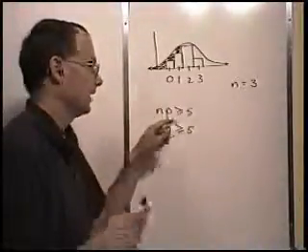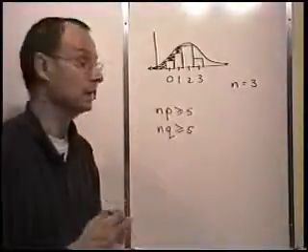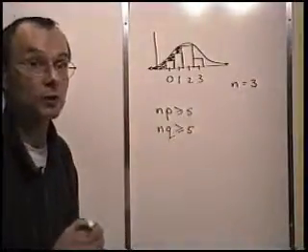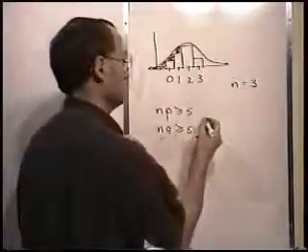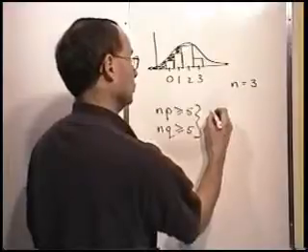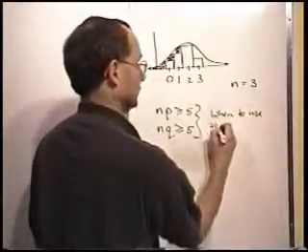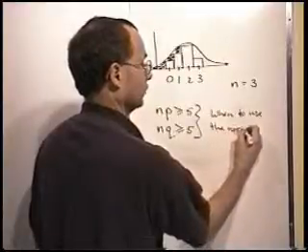If you get anything less than 5 when you compute n times p or n times q, then it's not a very good approximation and you shouldn't use it. So this is kind of the test for when to use the normal approximation.